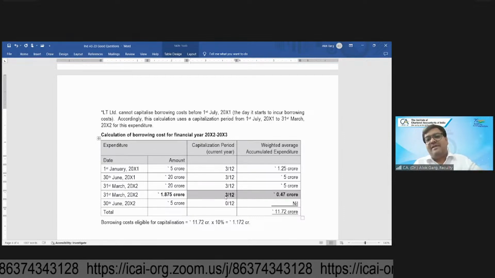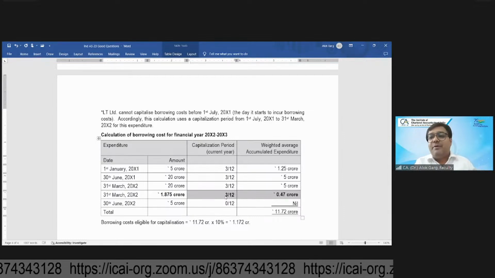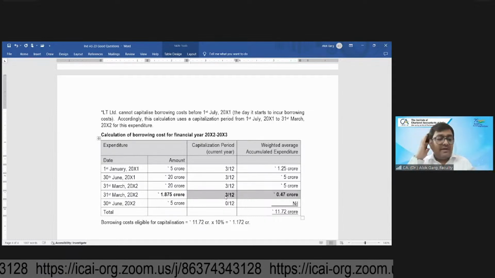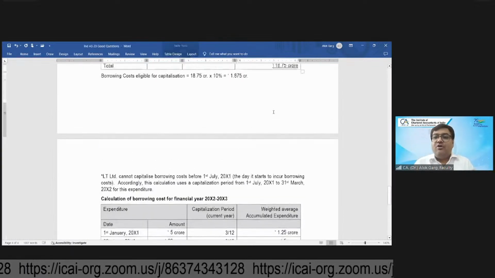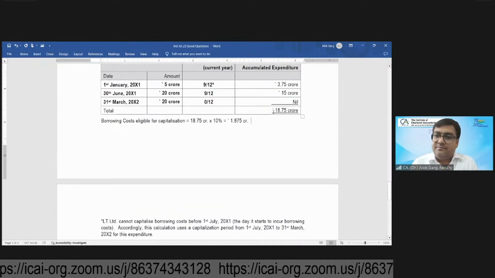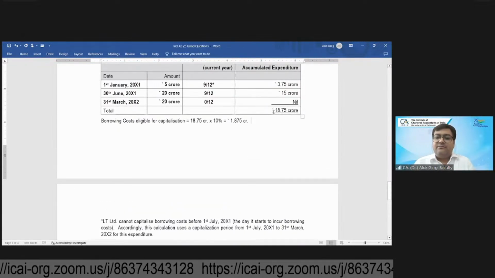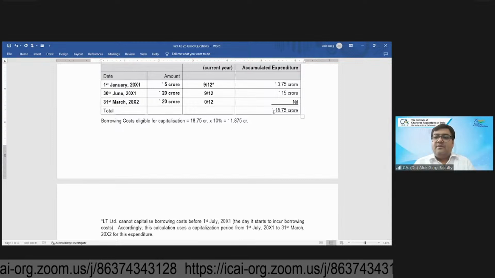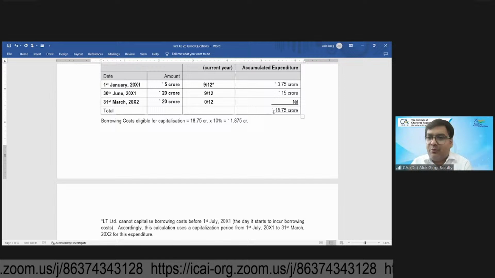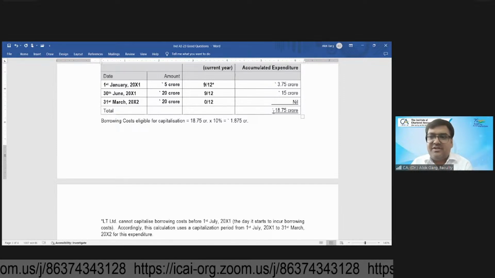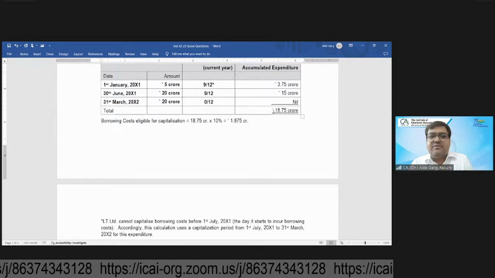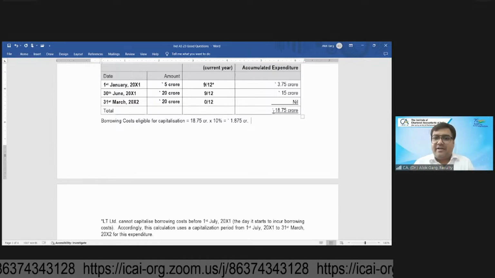Now you need to tell me this 1.875 crore, what accounting entry have I passed on 31st March 20X2? Capital work in progress account debit, to interest cost account, to interest payable account, correct?